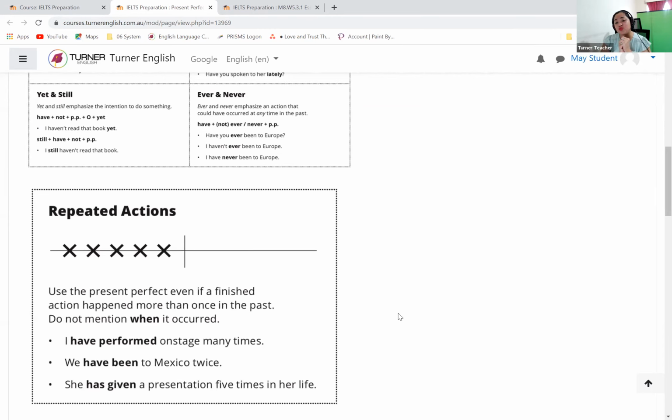When the action is repeating, we can use the present perfect. I have been to Mexico twice. So the action was repeated 2 times. She has given a presentation 5 times in her life. So the action that happened before was repeated several times.